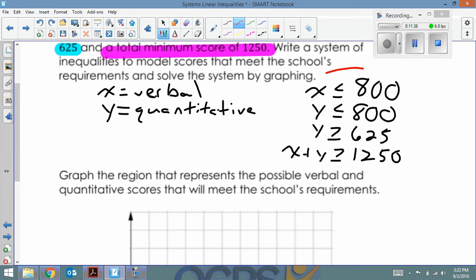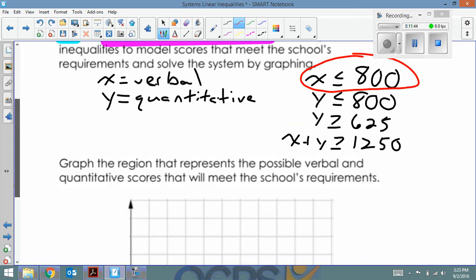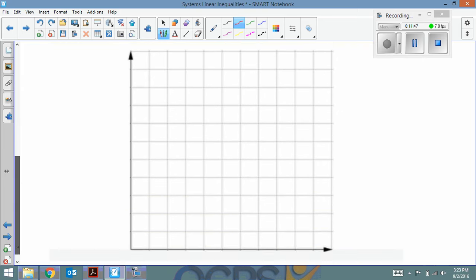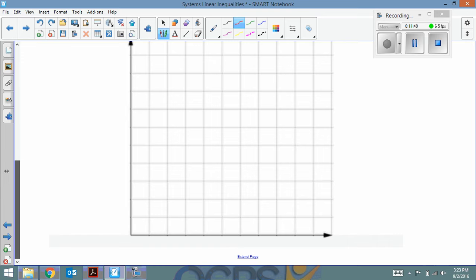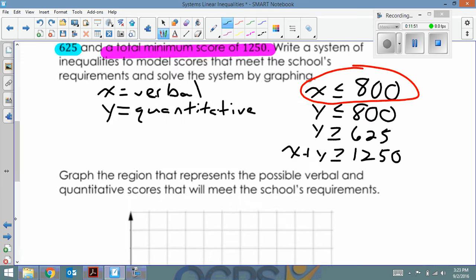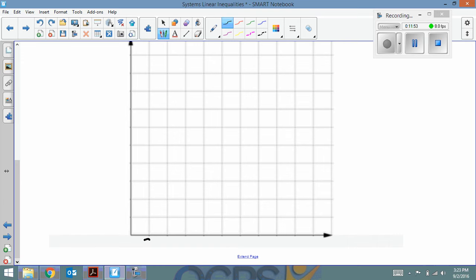So let's take the first one: x is less than or equal to 800. For my scores here, I'm just going to number them by twos. So we're going to have 2, 4, 6, 8, 10, 12, 14, 16. And the same on the top.